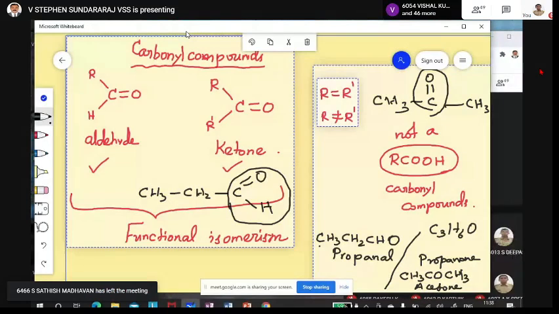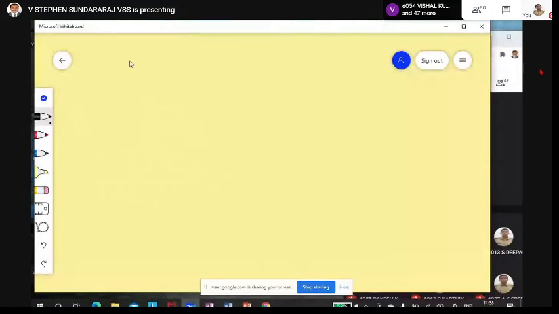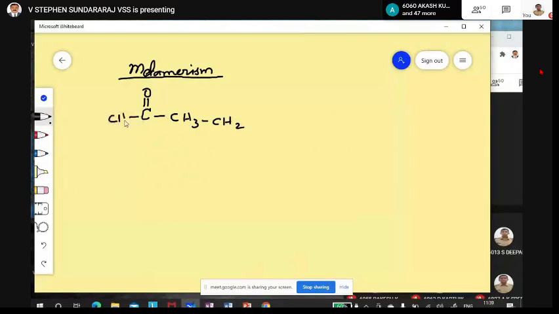Another one is regarding ketones. They can be included in metamerism. What is metamerism? Take the carbon oxygen double bond, with CH3CH2 on one side and CH2CH3 on the other. The name of this compound is pentan-3-one.